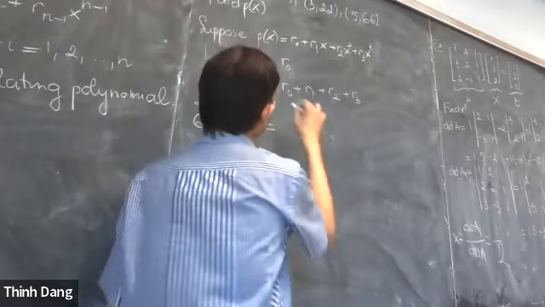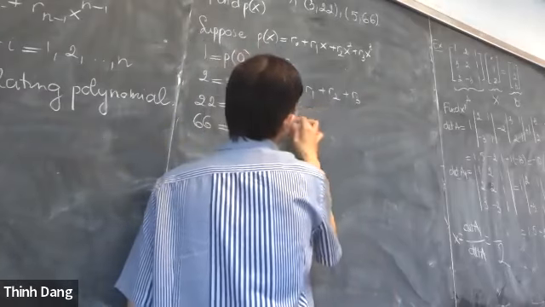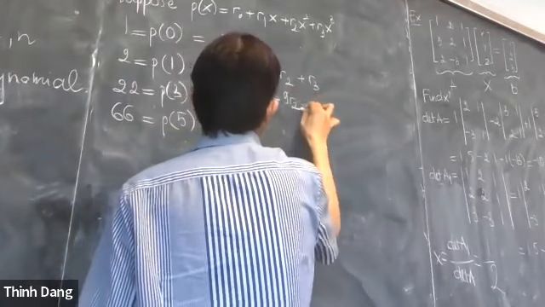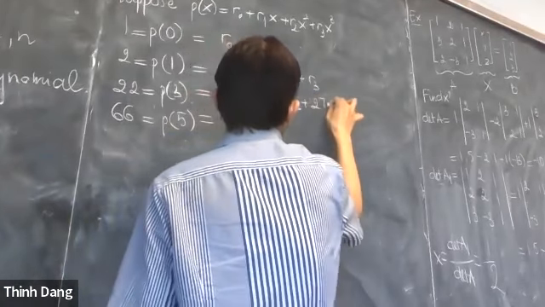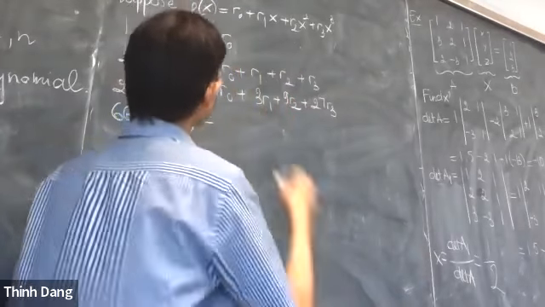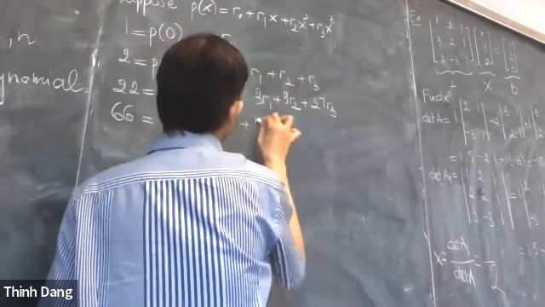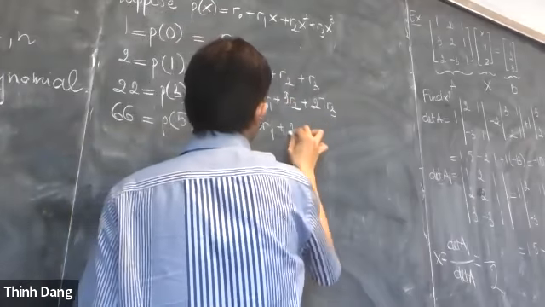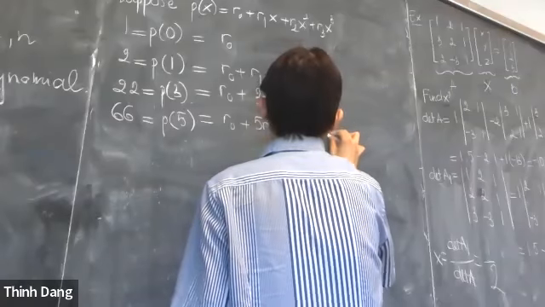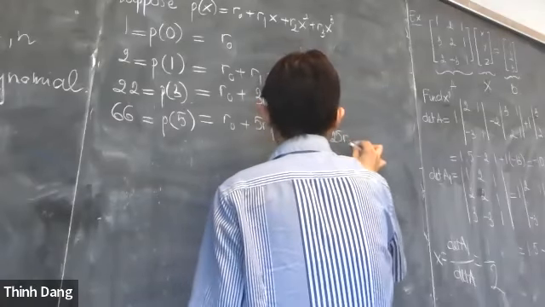Similarly, for 3, you should have r0 plus 3 times r1 plus 9 times r2 and 27 times r3. And last but not least, for 5, you should have r0 plus 5 times r1, 25 times r2, and 125 times r3.